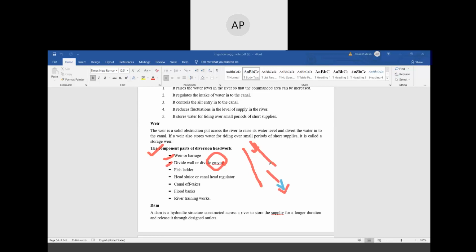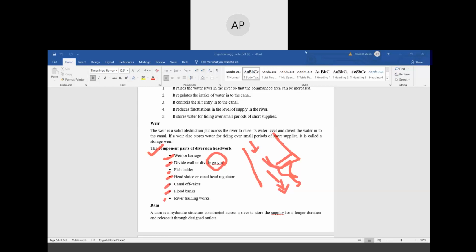To divert the water, we construct groynes. Groynes are also called spur dikes. We construct spurs so that bank erosion can be minimized. Other components are a fish ladder, head sluice or canal head regulator, canal offtake, flood banks, and river training works.